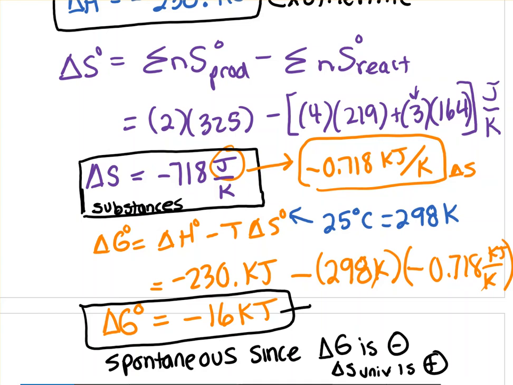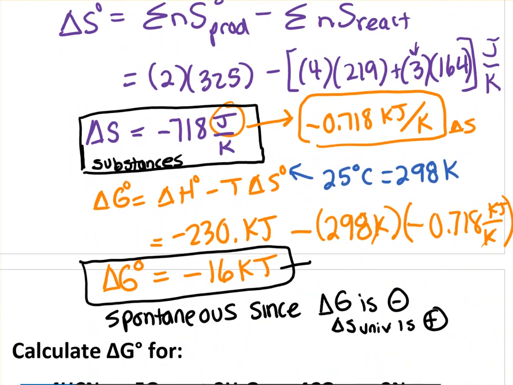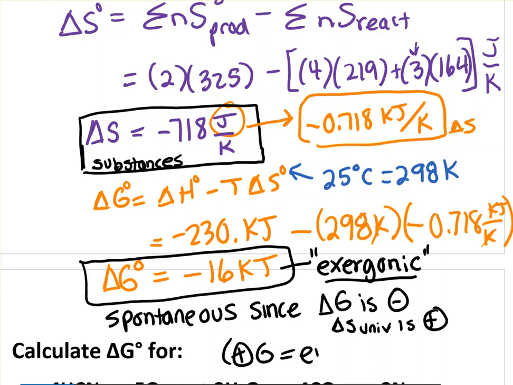When Gibbs free energy is a drop, just like when enthalpy decreases and we have a negative sign, we call it exothermic. But with Gibbs free energy, we call it exergonic. And the opposite of that is when you have a positive delta G, we call that endergonic. Okay, so that reaction is spontaneous.